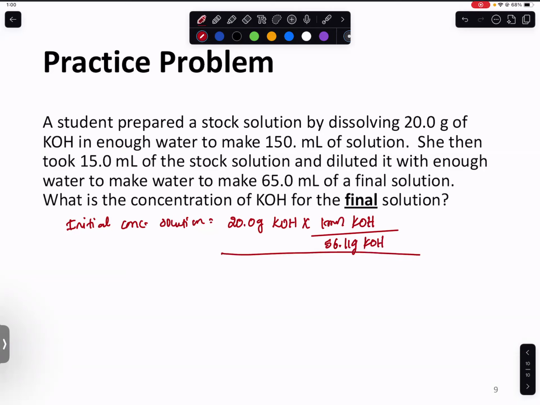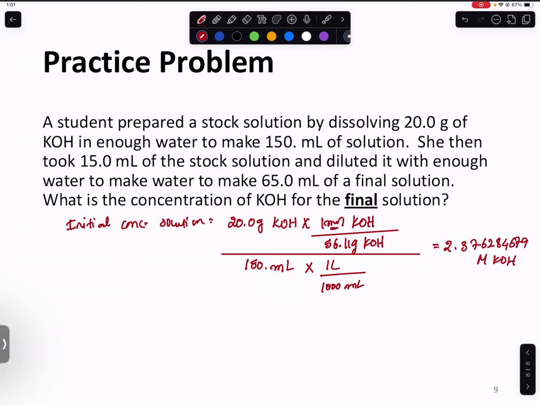Now, in 150 milliliters of solution. Now again, molarity is moles over liters, so I'll have to convert to liters. And this operation right here should give me 2.376284679 molar of potassium hydroxide.